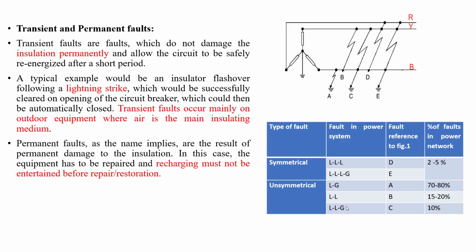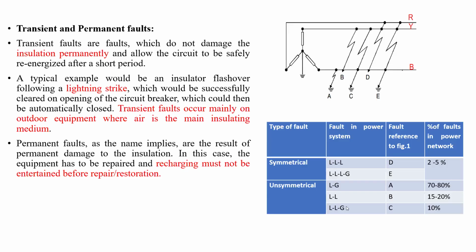Transient faults occur mainly on outdoor equipment where air is the main insulating medium. And permanent faults, as the name implies, are the result of permanent damage to the insulation. In this case, the equipment has to be repaired, and recharging must not be entertained before repair or restoration.